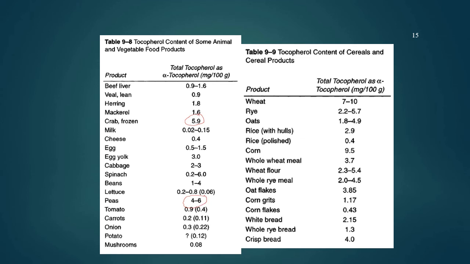So if you need to eat lots of vitamin E, then you might go for these natural foods, which are crab and peas. Tocopherol content of cereal and cereal products is illustrated in this table, and you can see that foods like corn cereal have a high amount of tocopherol compared to the rest of the food products.